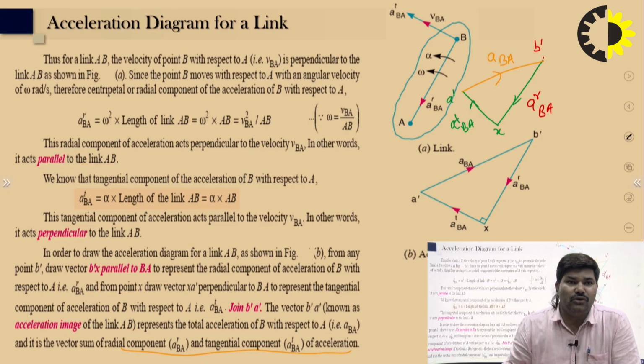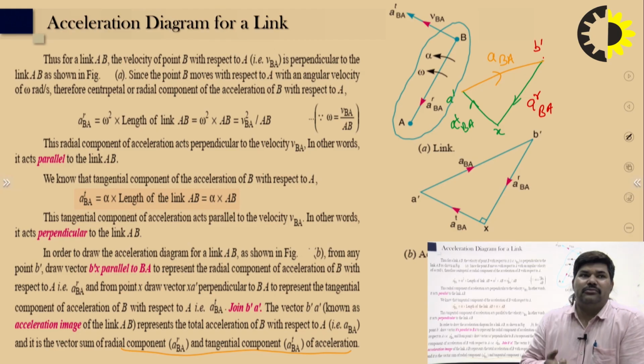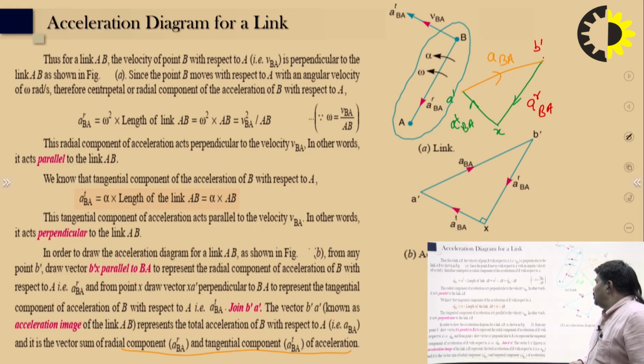The radial acceleration is known because omega is already known and the length of the link is available, so we can calculate, measure and draw b dash to x parallel to link AB, and the radial component will be generated.